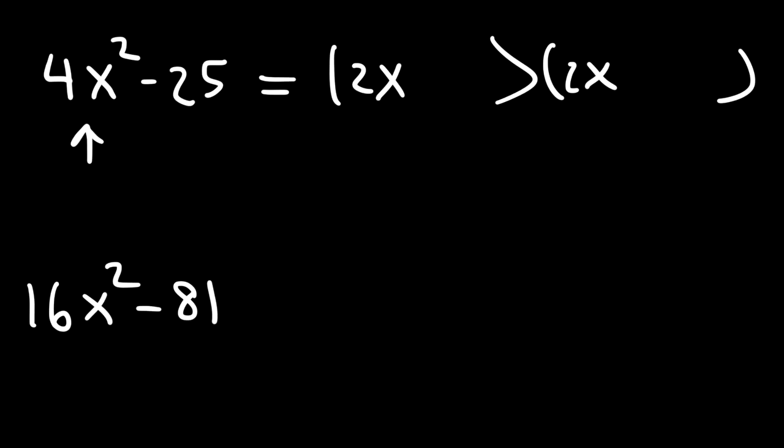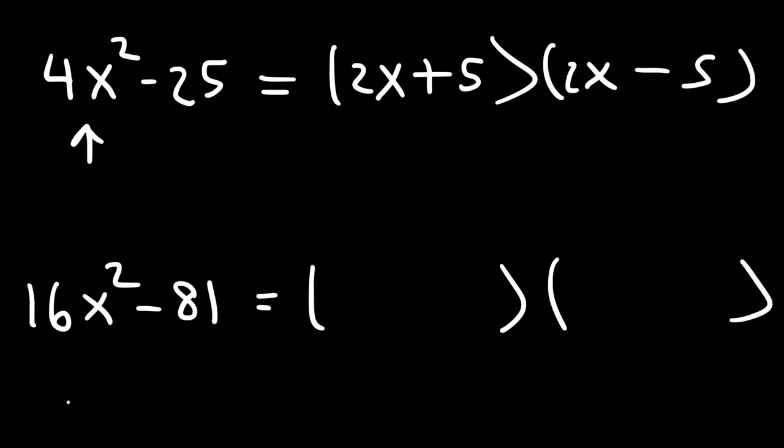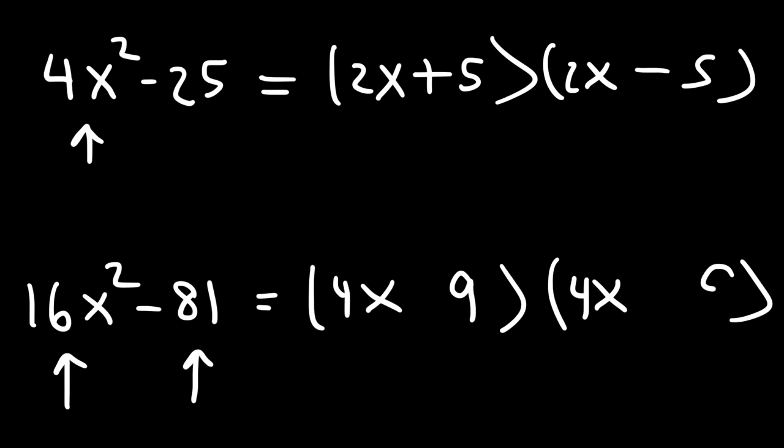And the square root of 25 is 5. So the answer is going to be 2x plus 5 times 2x minus 5. Now what is the square root of 16x squared? The square root of 16 is 4, and the square root of x squared is x. And then the square root of 81 is 9. So the answer is going to be 4x plus 9 times 4x minus 9.